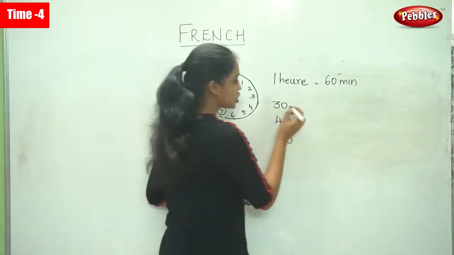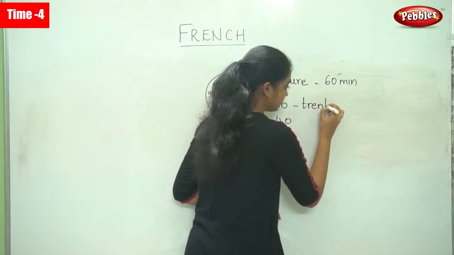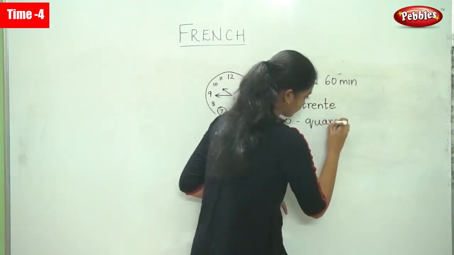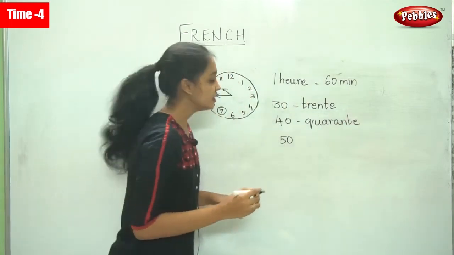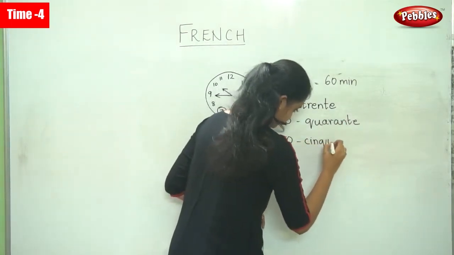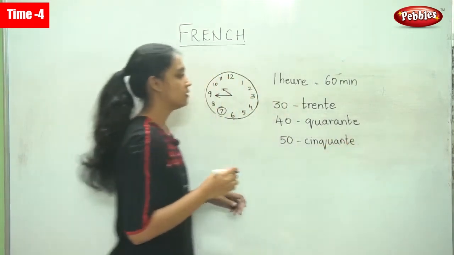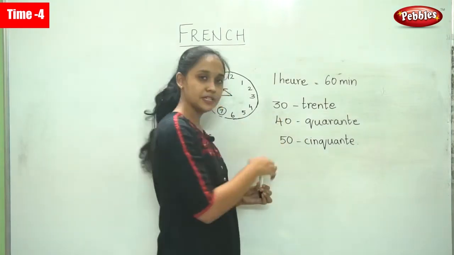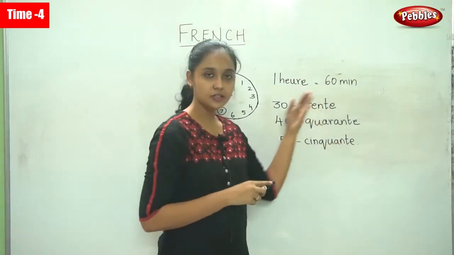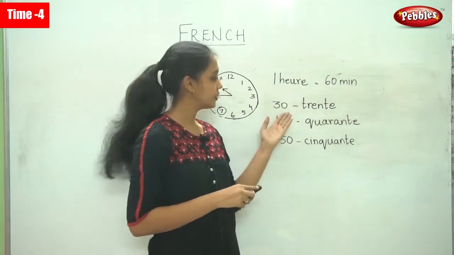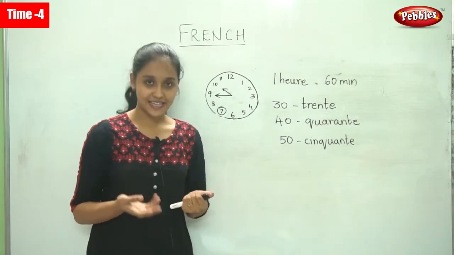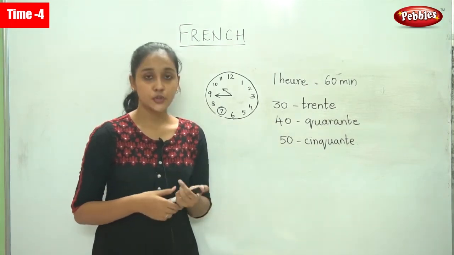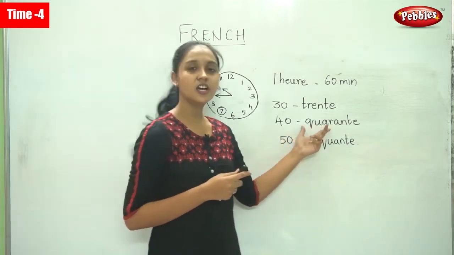So these three: 30, 40 and 50. Once you know the words for these three numbers, 31, 32, 33, 34, 35, 36, 37, 38, 39 and then 40 follow.